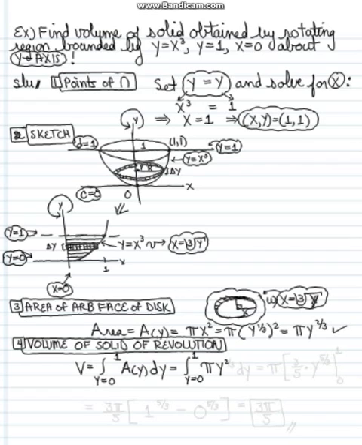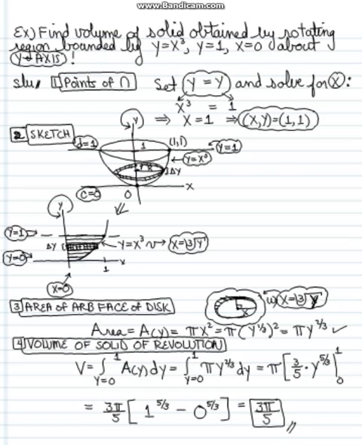So that's the integral of pi y to the 2/3 dy, which is equal to pi times 3/5 times y to the 5/3, evaluated from 0 to 1. Do the evaluation. I pulled out the constants, 3 pi over 5, and I evaluated y to the 5/3 at 1 minus the evaluation at 0. My final volume is 3 pi over 5 units cubed.